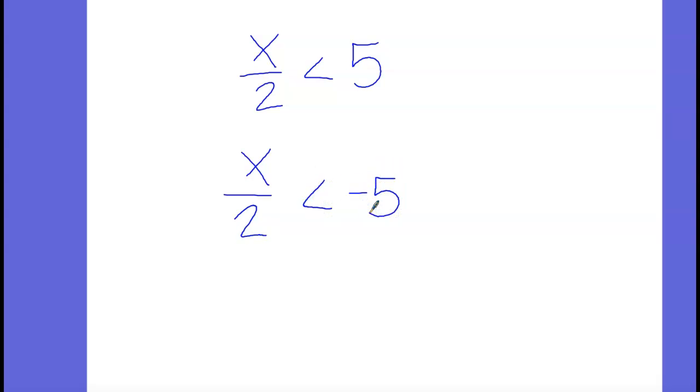Now you change it because there's a negative. What are you multiplying by? 2. So we all agree that we would multiply by 2, right? You get a negative number, but it's the number that you're multiplying or dividing by. Is 2 negative or positive? Positive. So do you change the sign? No.